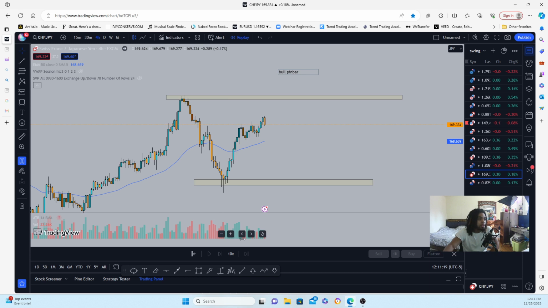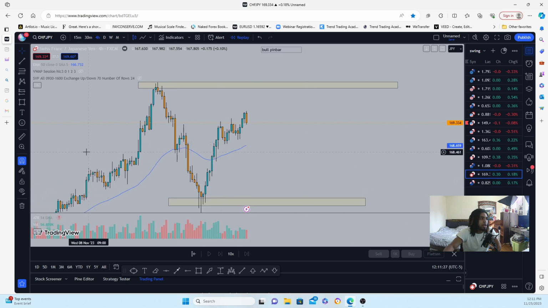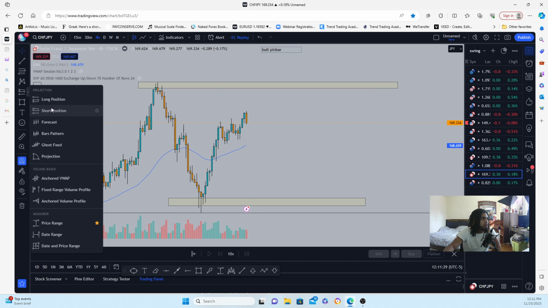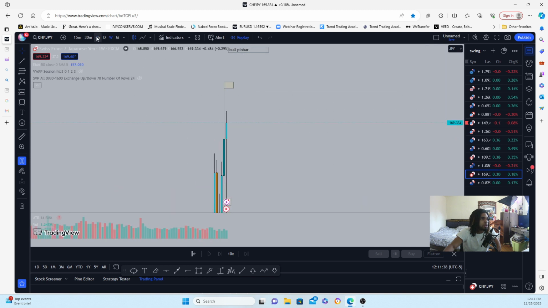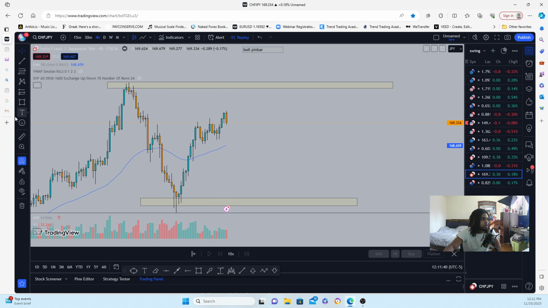I know what the weekly says. Are we bullish or bearish? So I'm just going to wait. Patience is key. But we're going to see, because I like to do... Bullish, bullish, bullish. I think this would have been a good trade. This pin bar right here.